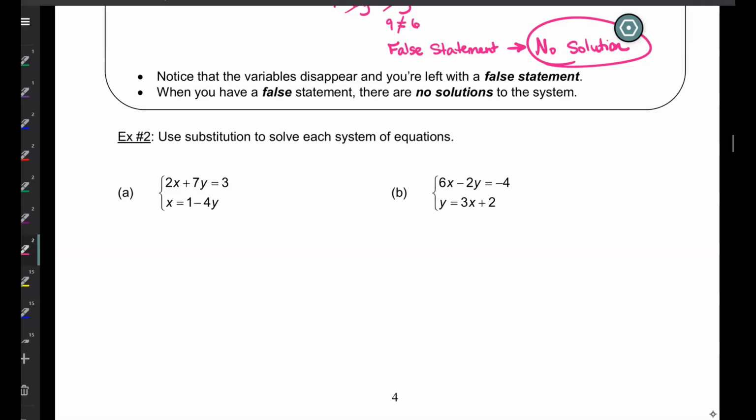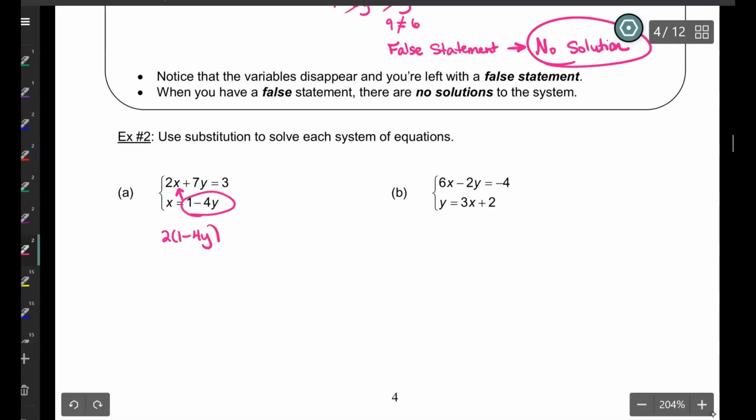Okay, again, if you want to pause it here and try these on your own, or you can follow along. So here I have x isolated. I'm going to plug that in. So I have 2 times 1 minus 4y plus 7y equals 3. Go ahead and distribute. I'm going to combine like terms. Subtract 2 from both sides.